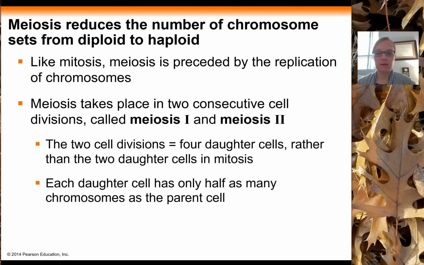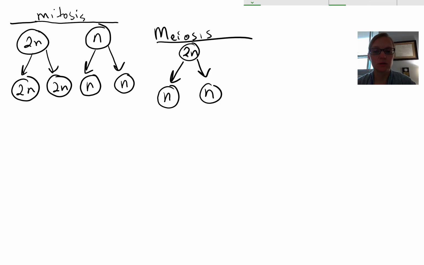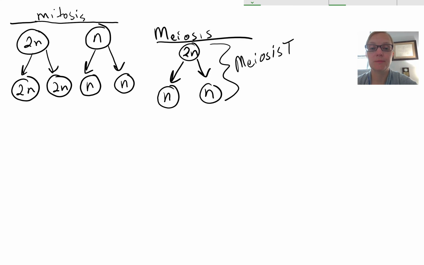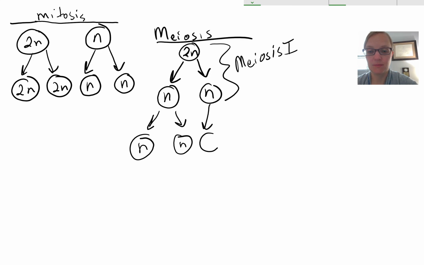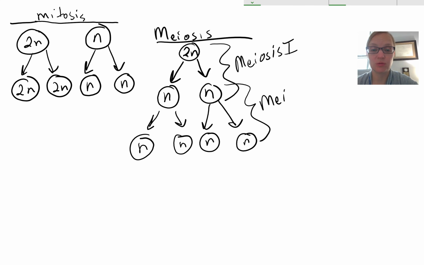So let's maybe go back to our little drawing, right? Remember I said that I was oversimplifying the little drawing here. What I drew so far really is just meiosis I, and we have to go through another cell division where we take those haploid daughter cells from the first cell division and we divide them, let's say, one more time, and this process here is meiosis II.